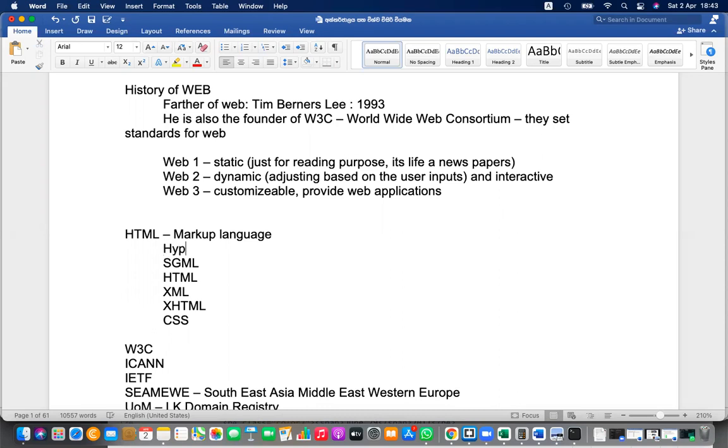HTML means hypertext markup language. And SGML is the father of HTML. That is standard generalized markup language. It is the father of HTML.